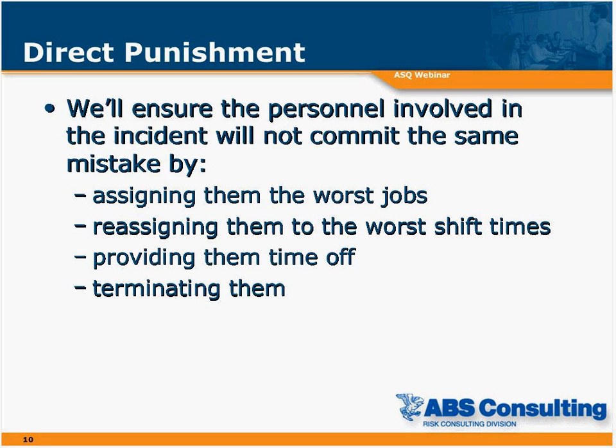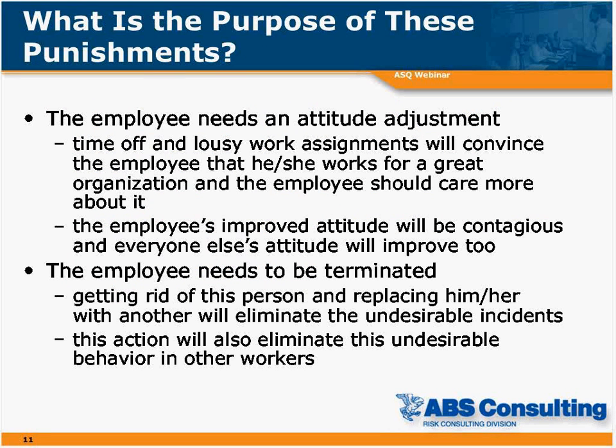Punishment. We're going to do this by assigning them the worst jobs, reassigning them to the worst shifts, providing time off, terminating them. So this is going to fix our problem. Now, punishing these people. The source of these punishments needs an attitude adjustment.